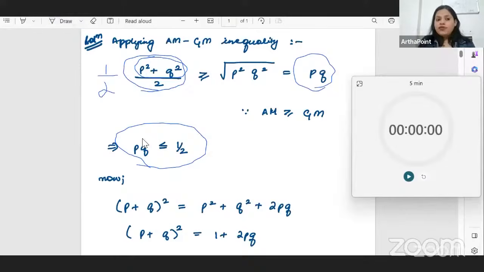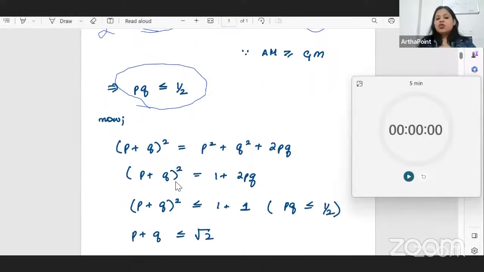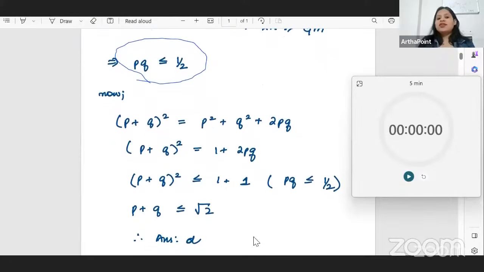Now, all of us know that (P plus Q) whole square can be written as P square plus Q square plus 2PQ. P square plus Q square is given to me as 1. So this I will replace with 1. And this I will write simply as 2PQ. But beta, PQ is less than or equal to half.